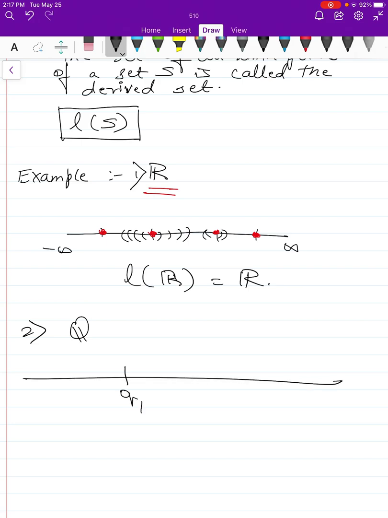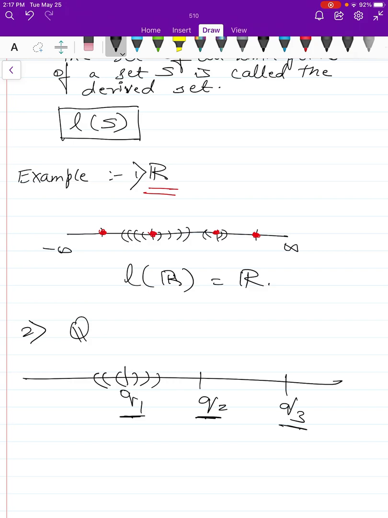So this is q1, q2, q3 sparsely plotted. If these are the rational numbers, every interval will definitely contain at least one rational number other than q1, other than q2, other than q3, like that. So every rational number is definitely a limit point. But what happens to the irrational numbers?